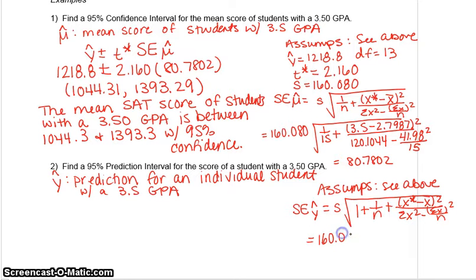So if you press second enter, or go up and press enter, you should be able to edit your equation and just add that 1 under the radical.